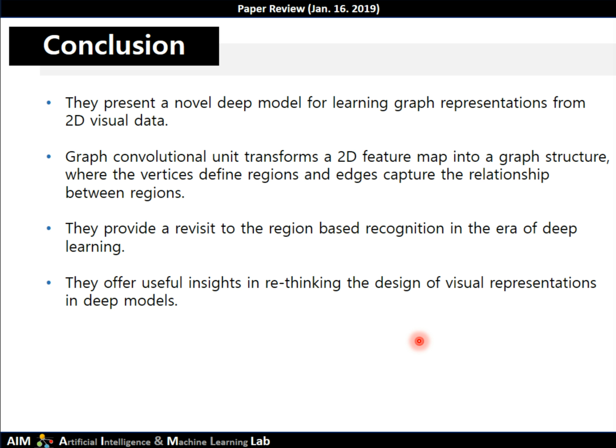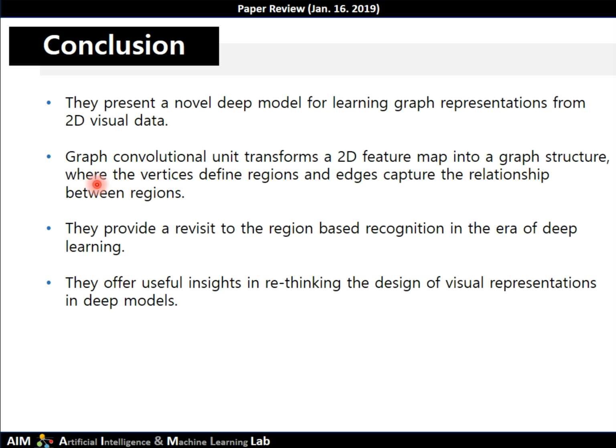Now I summarize this paper. They present a novel deep model for learning graph representations from 2D visual data. The proposed graph convolutional unit transforms a 2D feature map into a graph structure by graph projection, graph convolution, and graph reprojection.